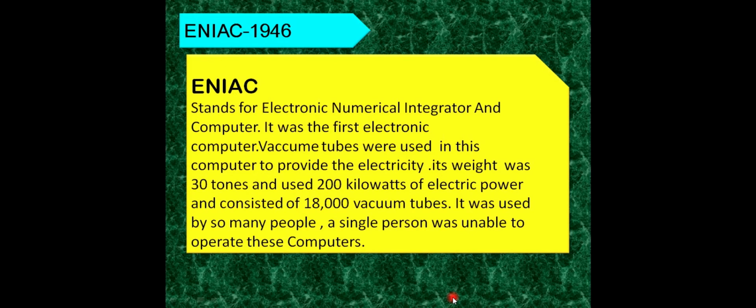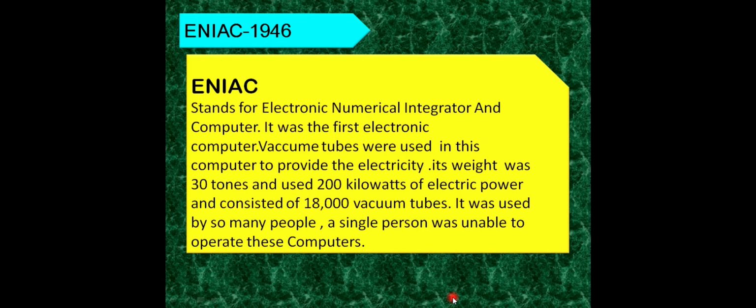Nowadays you can see all the students and people having computers at home, and they can just keep them on a single table, because they're smaller in size and connected with the whole world. But when we talk about the old computers, especially ENIAC, it was so large, and the system to provide the electricity was so difficult.